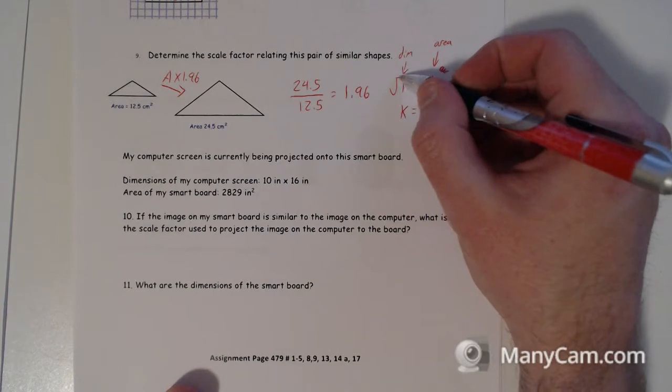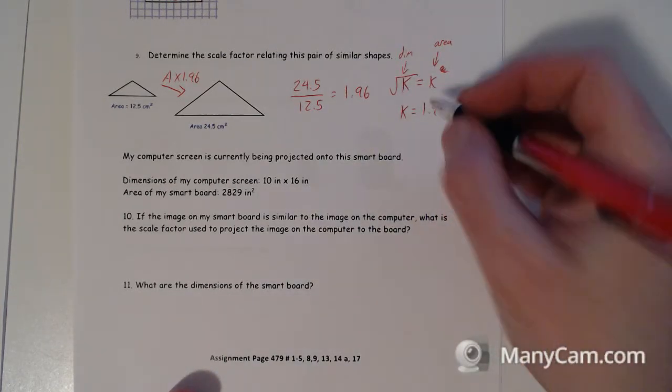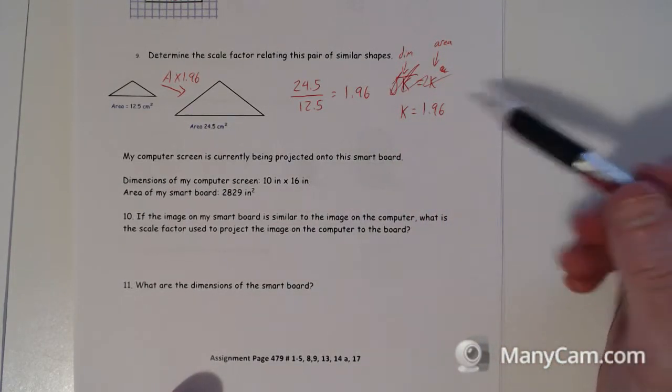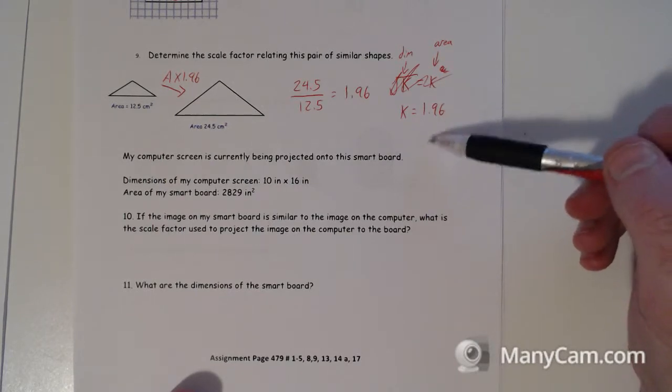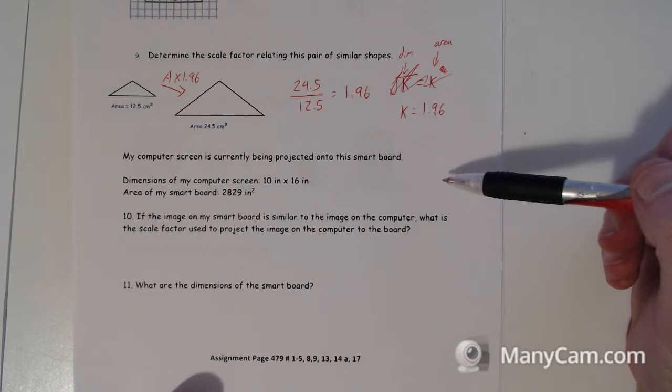So what we're actually looking for is we have to square root both. Sorry, I'm not explaining this very well, but the 1.96 is the squared version, so if we square root it, we get back to the original k. That's what we're trying to do in this case.